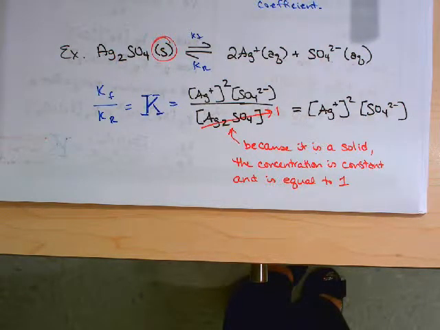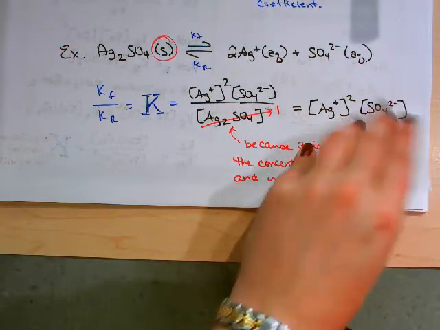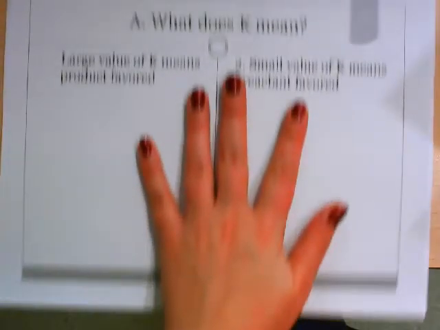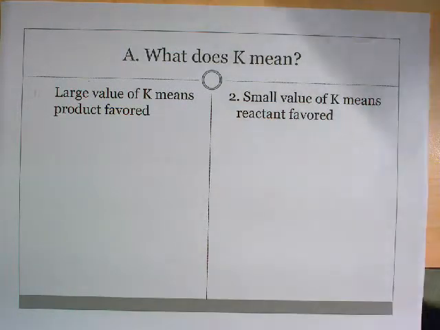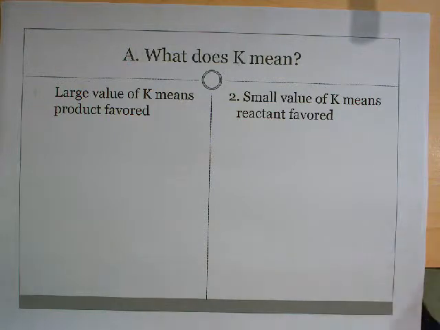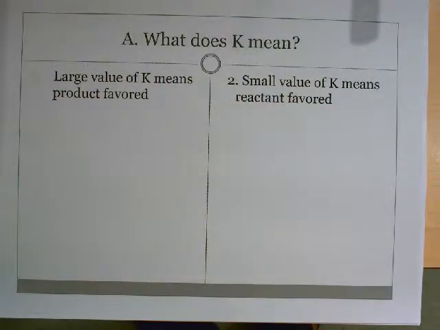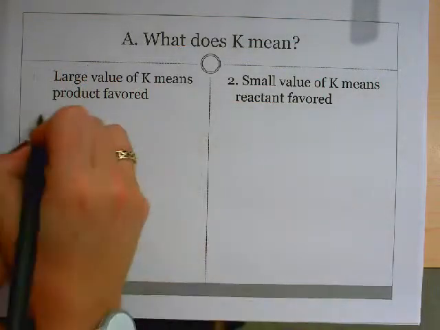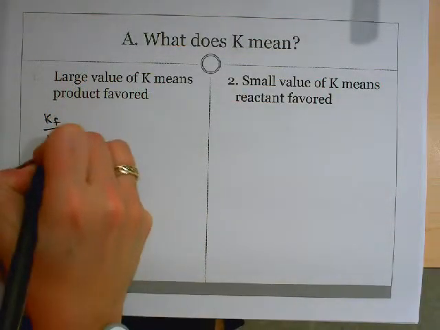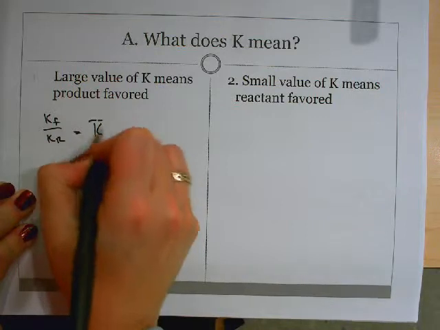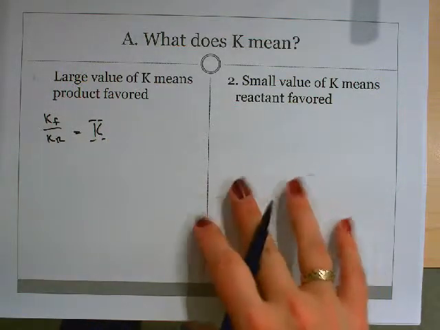Alright, so let's take a look at what K means in the great scheme of K's, big K. So, just like we said like 5 minutes ago, large values of K means it's going towards product. Small values of K means it's going towards reactant. Just as a reminder, or the reverse.